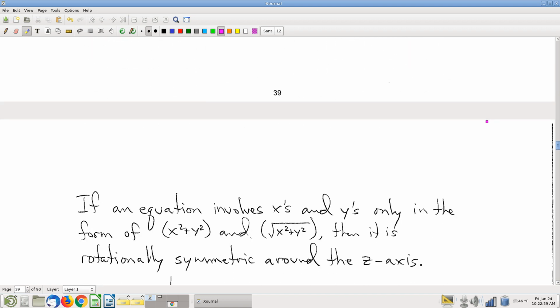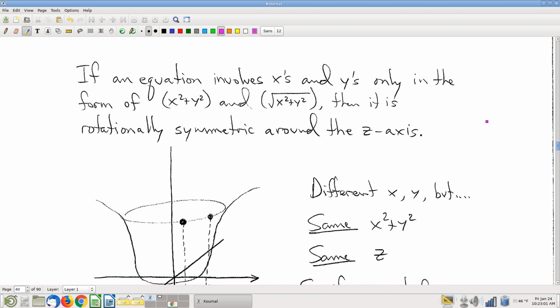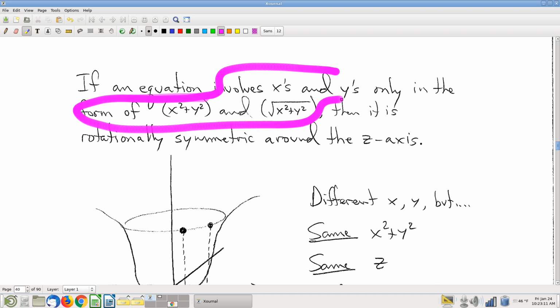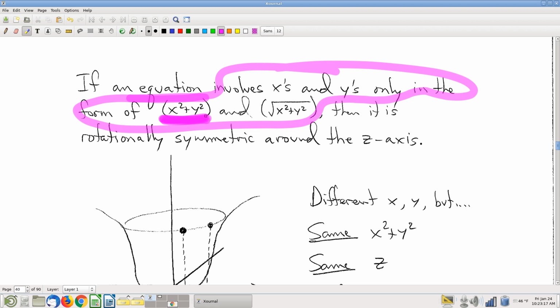I'm going to start with a really cool observation, and that is, if you have an equation that involves, for example, x's and y's only in this specific form, as part of the expression x squared plus y squared, or square root of x squared plus y squared, or anything that you can make out of square root of x squared plus y squared.